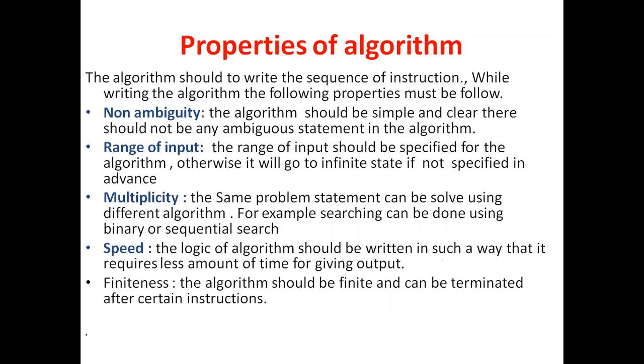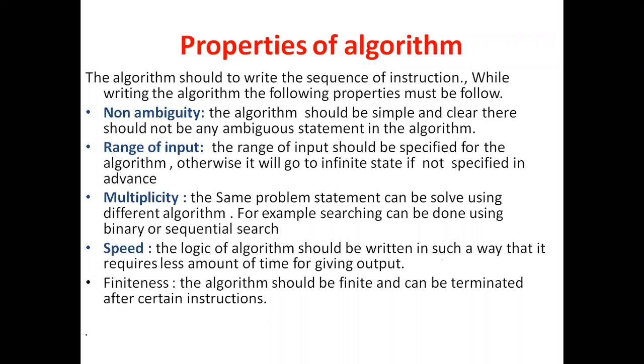Then the second property is range of input. Range of input means it should specify how many inputs we need to define for a better output from your algorithm, right? So the range of input should be specified for the algorithm, otherwise it will go into an infinite state if not specified in advance.